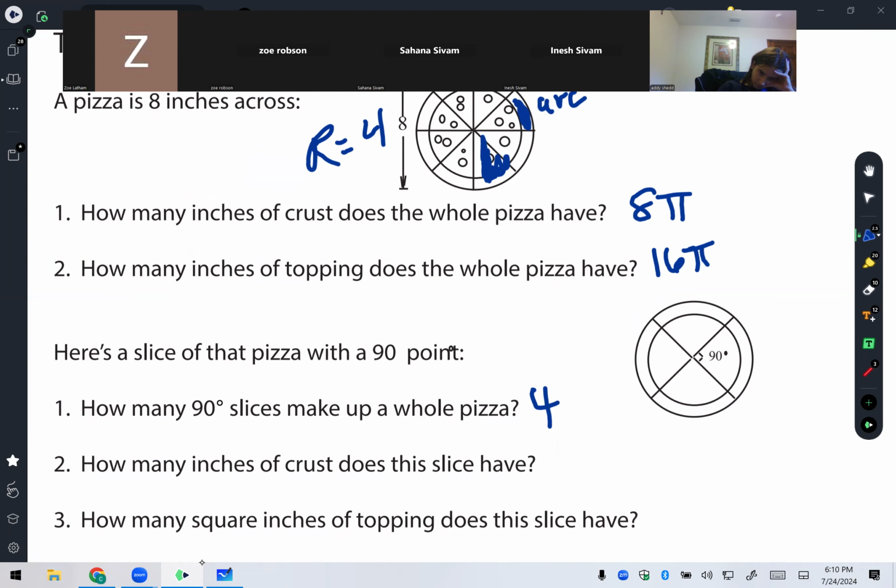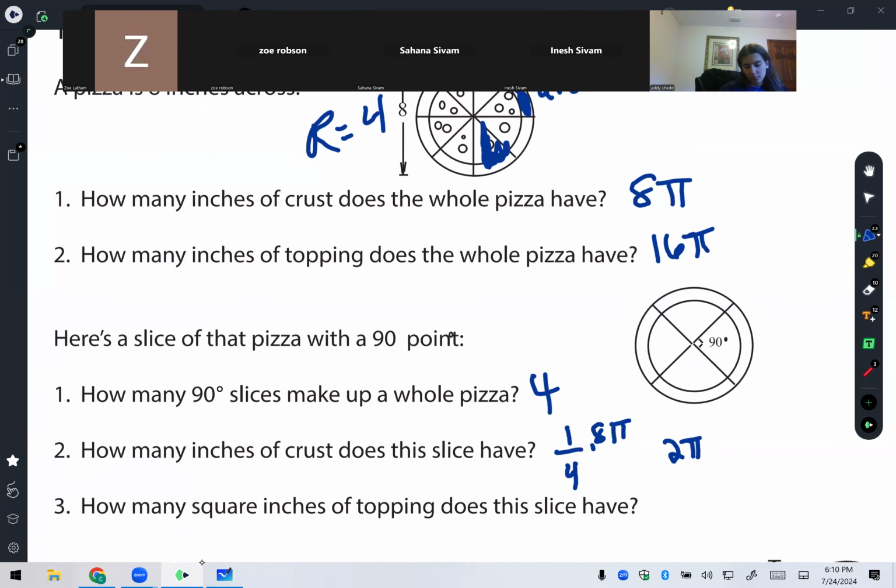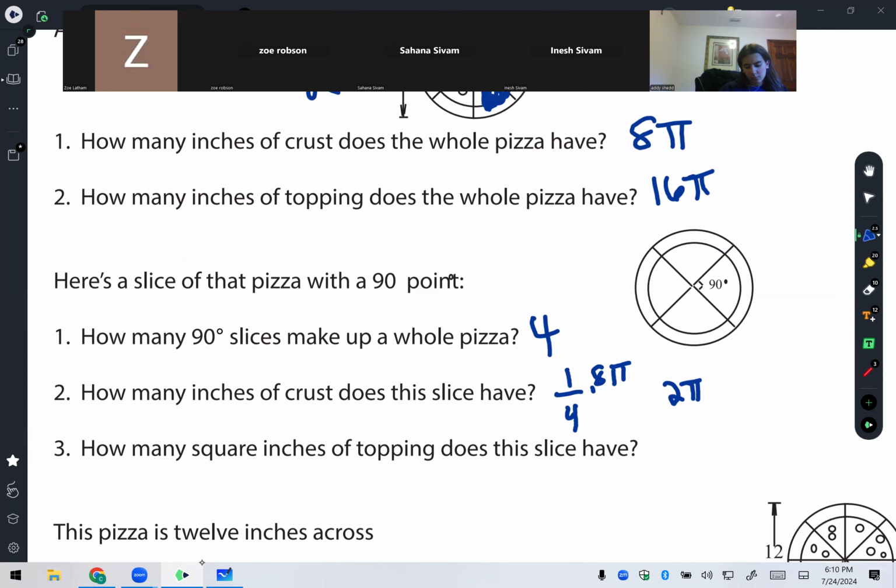Obviously 4 slices, so we just need 1/4 of 8 pi, which would be 2 pi. And down here, the topping would be 1/4 of 16 pi. So that's 4 pi.